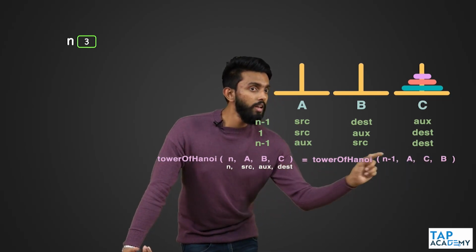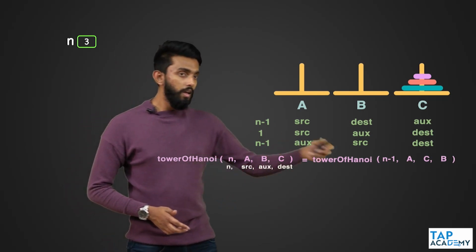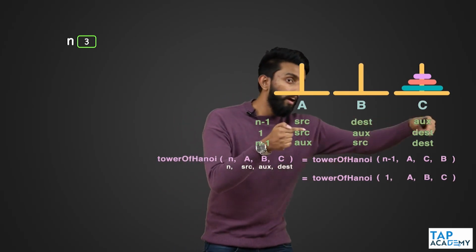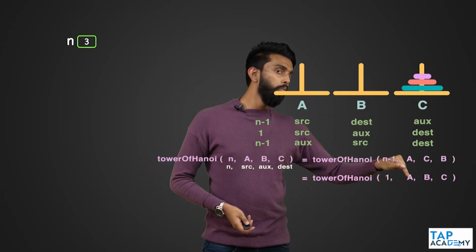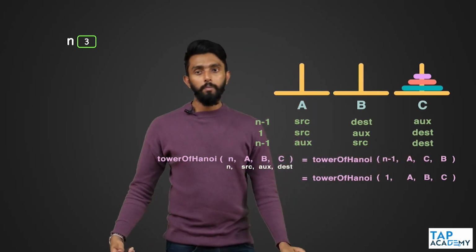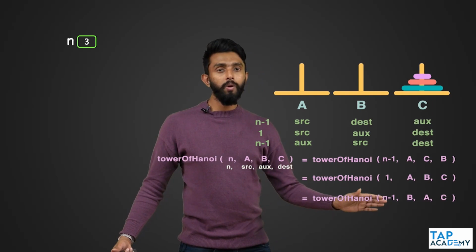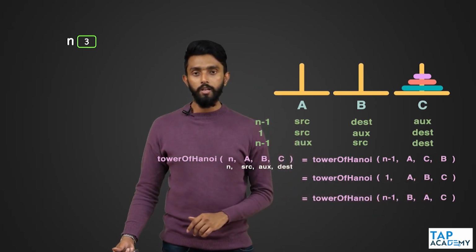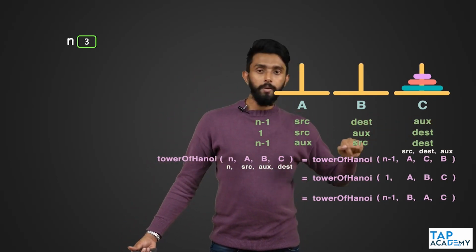Then auxiliary was C. Any confusion till this point of time? Further, 1 disk I should move from A to C. So see, 1 move from A to C and B becomes my auxiliary. And then finally n minus 1 disks should be moved from B to C, A becomes my auxiliary. So what I am trying to show is the source, destination, auxiliary.